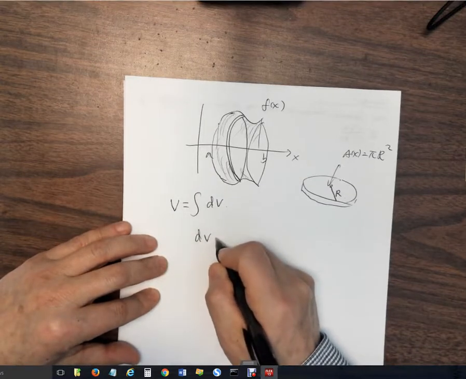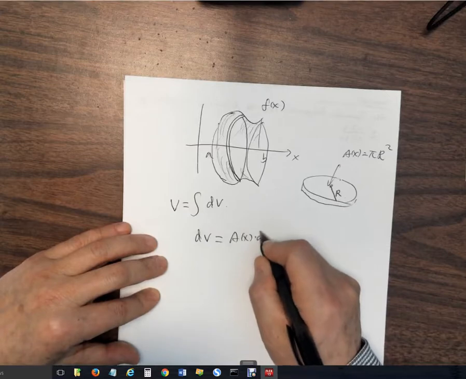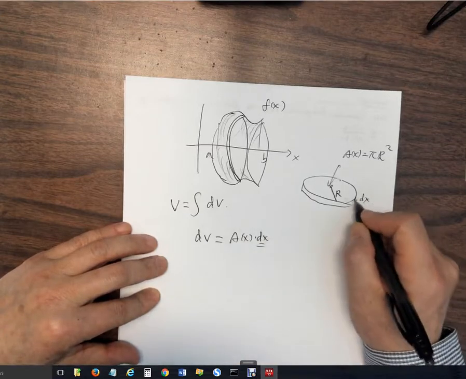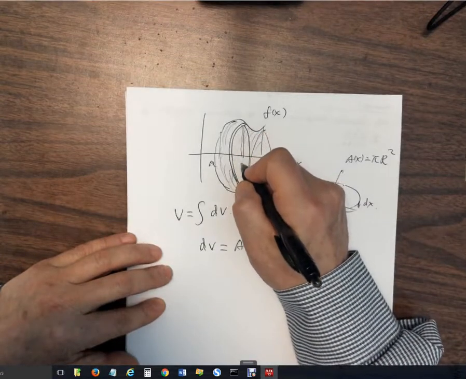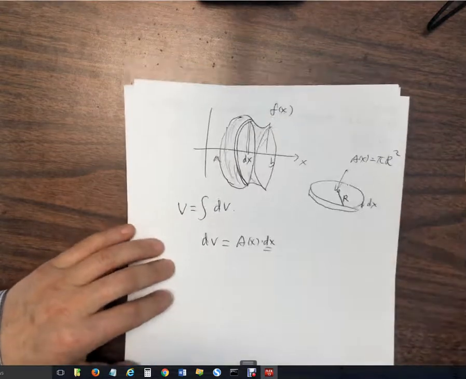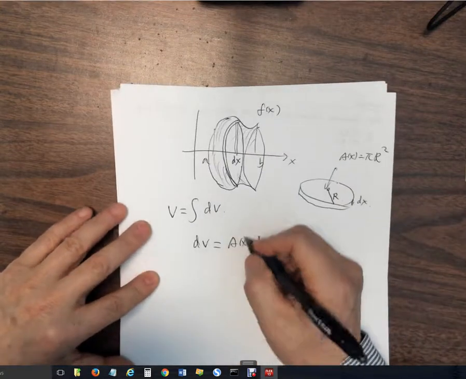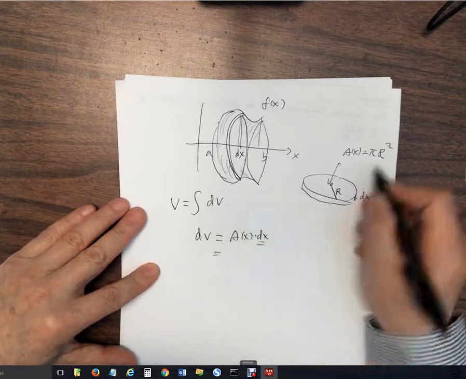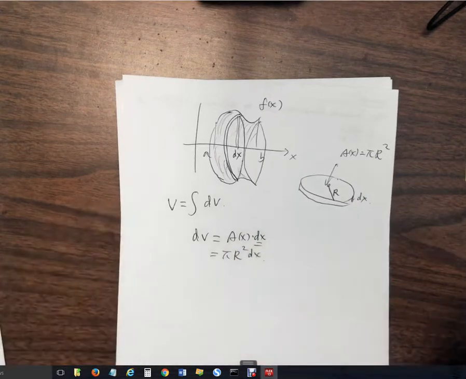This time, notice our dV would be A of x times dx, where dx is the thickness. So dV is now pi r squared dx.